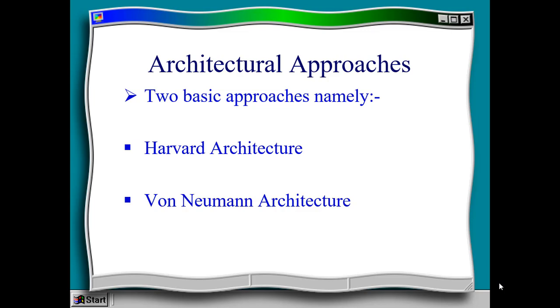So we move on. We have two major approaches. Anytime we talk about different types of architectures, these should come to your mind. We have the first one, which is called the Harvard architecture, and we have the other one, which is referred to as the von Neumann architecture.